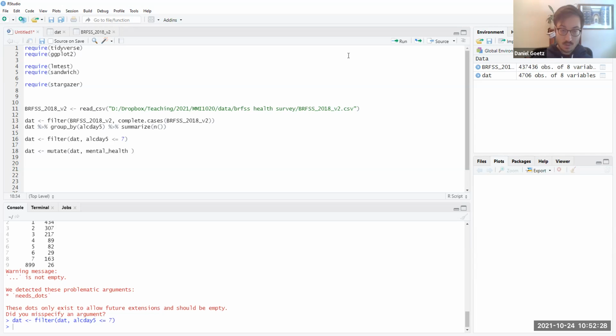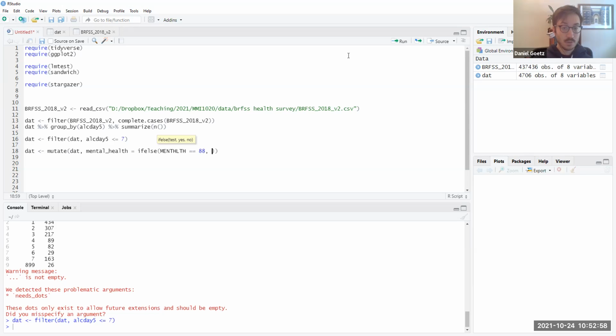So we're going to say that that's equal to its original variable value, MENTHLTH, or rather if MENTHLTH is equal to 88, right, then that's no days of bad mental health in the last month.